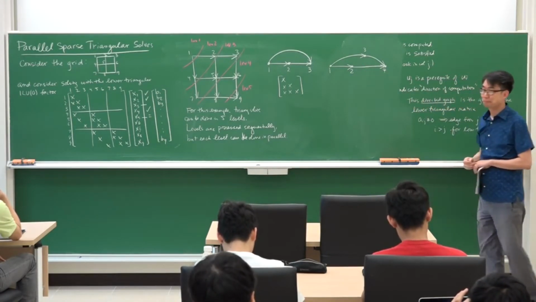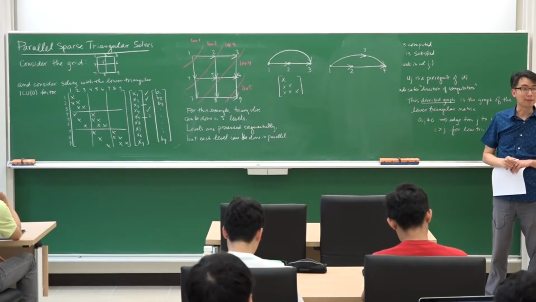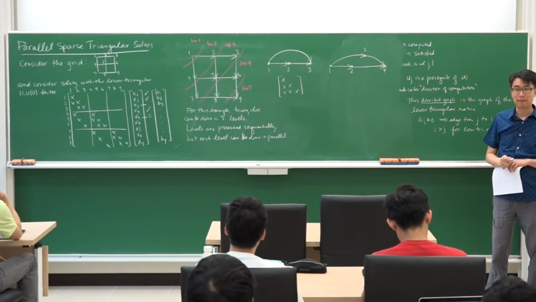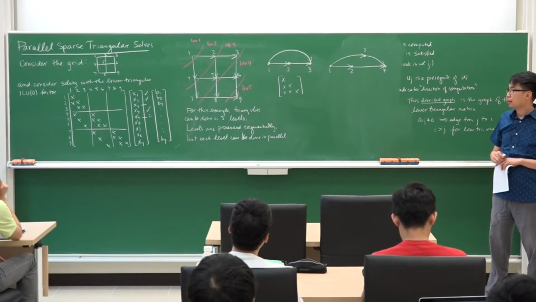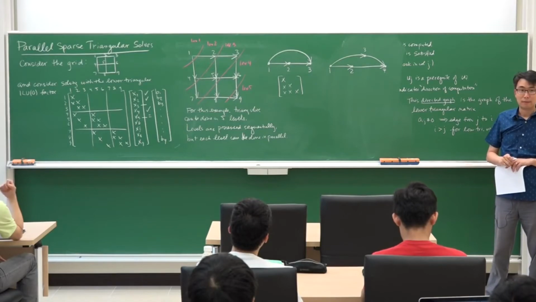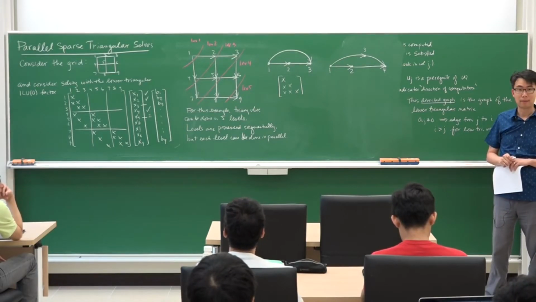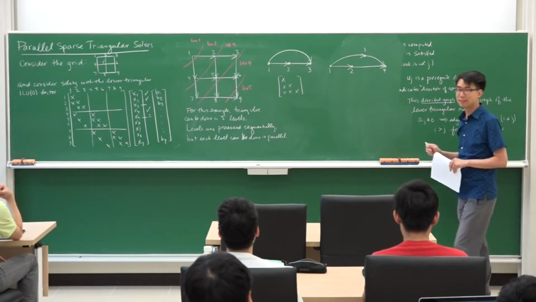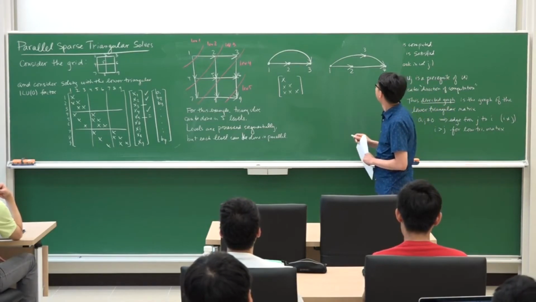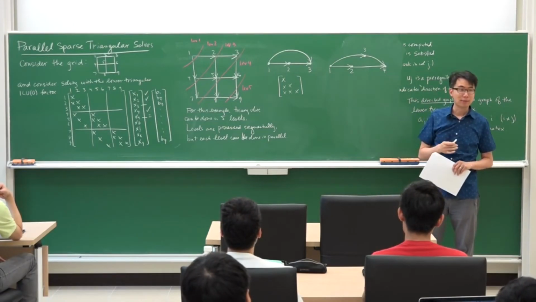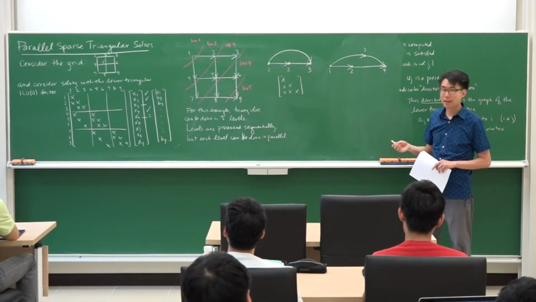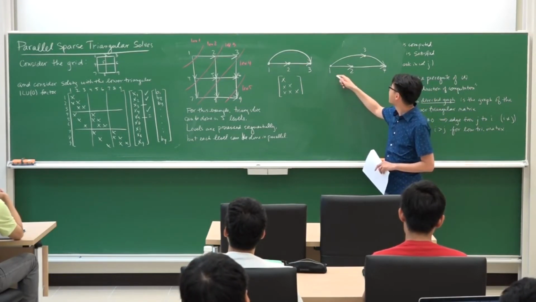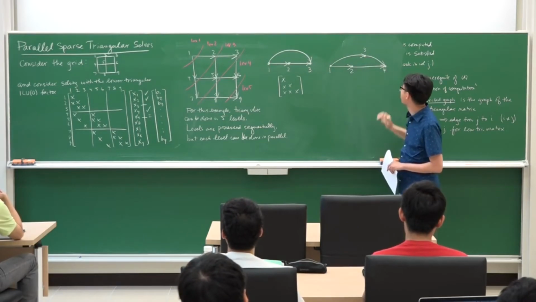How many levels are there here? There are 3 levels. I see a lot of people mouthing 3. And what's the size of each level? The first level has size 1. The second level has size 2. And the third level has size 1.